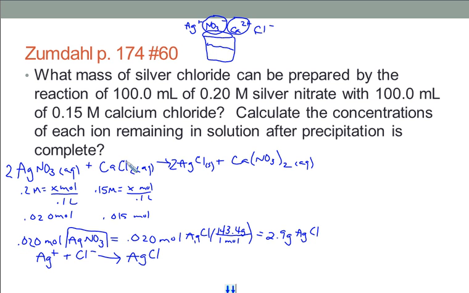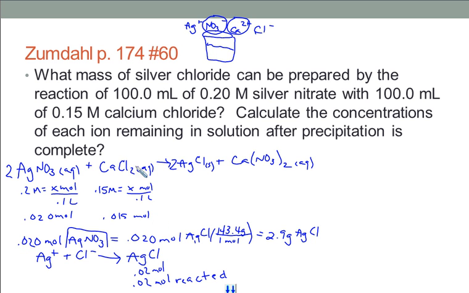How many excess chloride ions? Well, we know that 0.02 moles of this was produced. That means 0.02 moles of chloride reacted. We started with 0.015 moles of calcium chloride, but how many moles of just chloride?